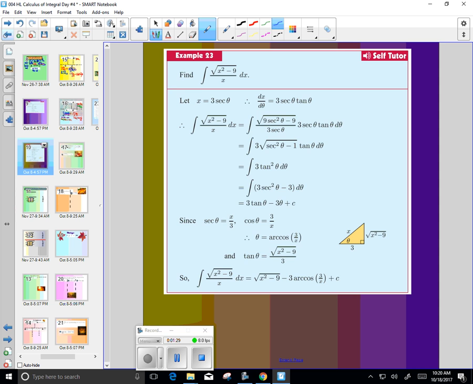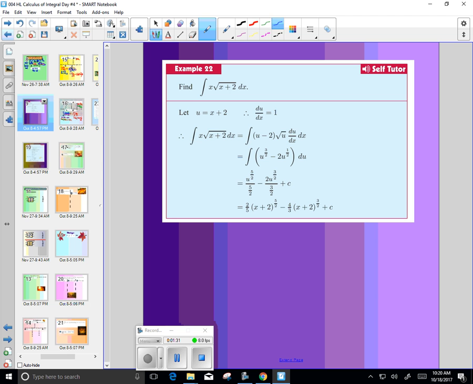Let's go back to this example here. Would you just do this with me? Just write right on your iPad, x square root of x plus 2 dx. And how we're going to do this is we're going to let u be equal to this inside thing, x plus 2. u equals x plus 2.